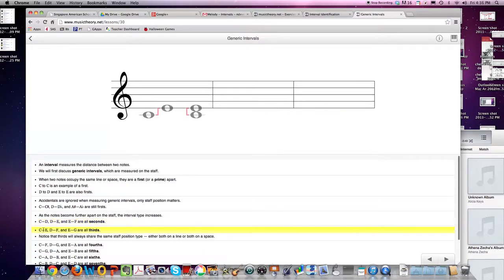Okay, C to E, which is part of the C scale. Do, mi, 1, 2, 3, a third. So line, space, line. So you just simply count, and they can be stacked like this, and you do the same thing. Line, there's a space in there, line. Okay, that is the interval.